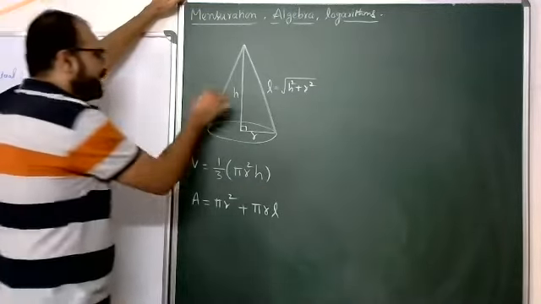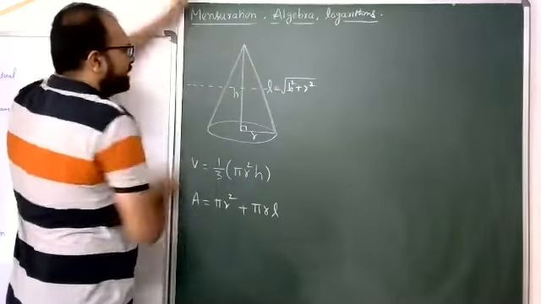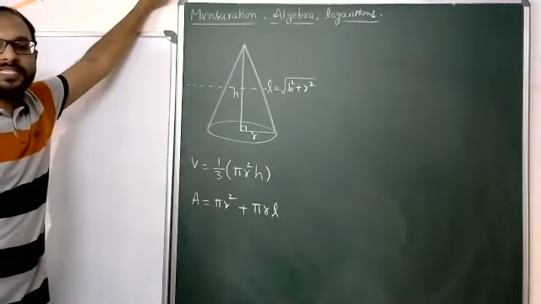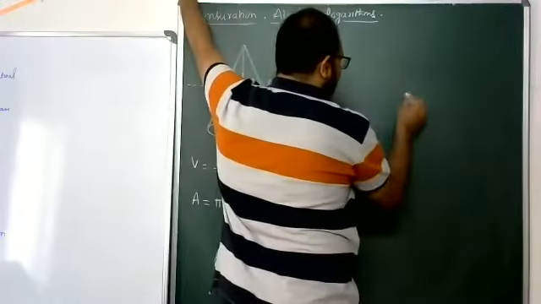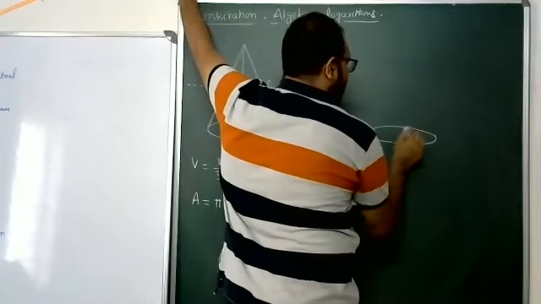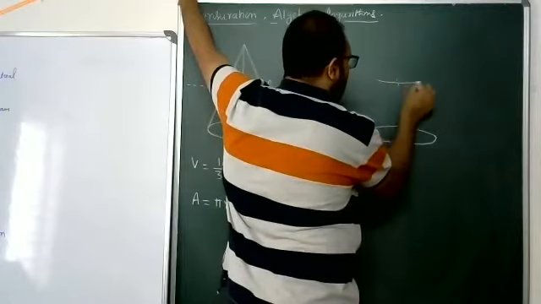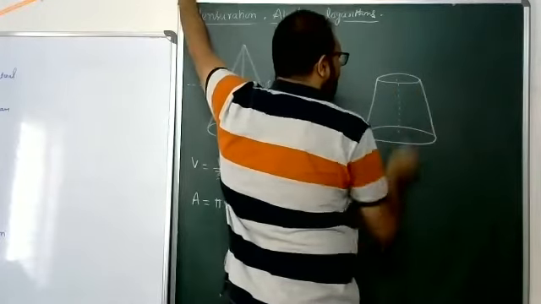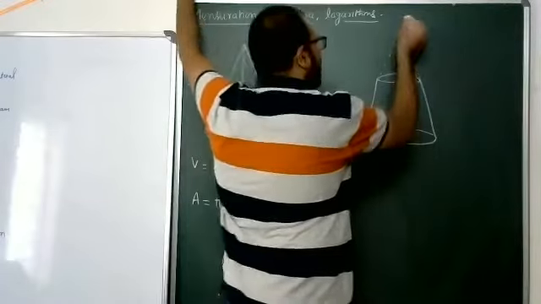Suppose students, if you cut this one, suppose this part removed, that is nothing but a frustum. So that also I am drawing here. This is a frustum. Suppose if you join like this, it forms a cone again.